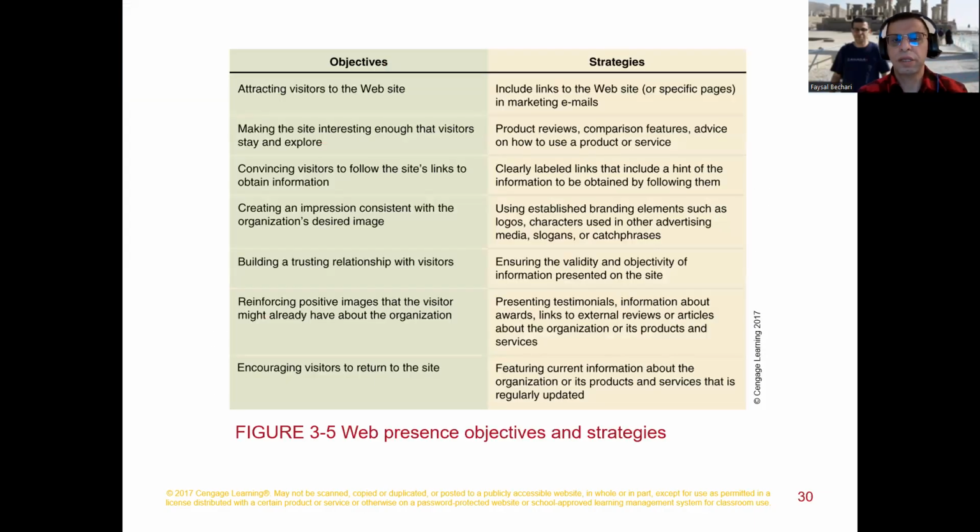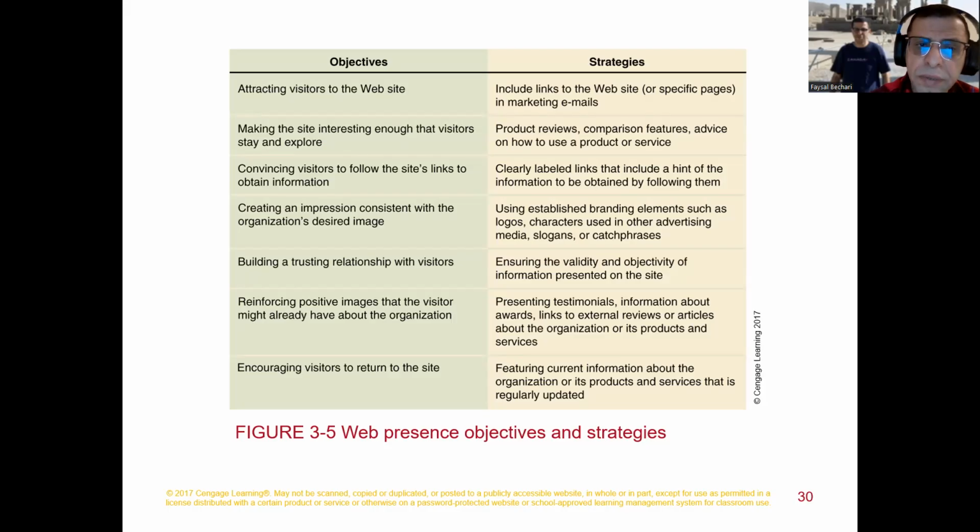So let's take a look at this. When you build a website, you have to establish a strategic objective, and according to the objective, you build your strategies. In your objective, you might have attracting visitors to the website, and one of your strategies could be including links to the website or specific pages in marketing emails.